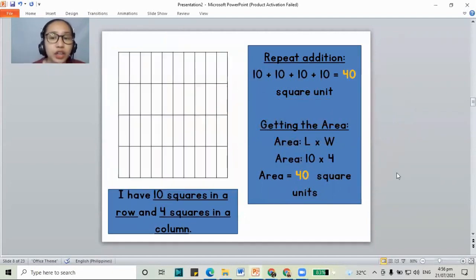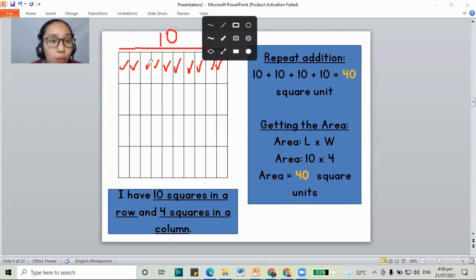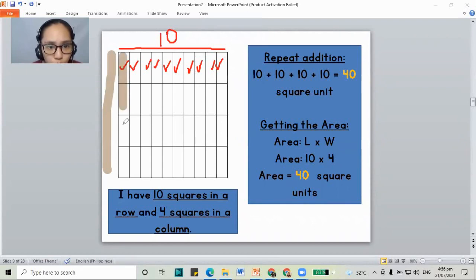How about another example? We have a bigger set of squares here. How many squares do we fit for our length here? 1, 2, 3, 4, 5, 6, 7, 8, 9, 10. There is 10. And how many for our column or width? Let's check. 1, 2, 3, 4. That is 4 squares in a column.